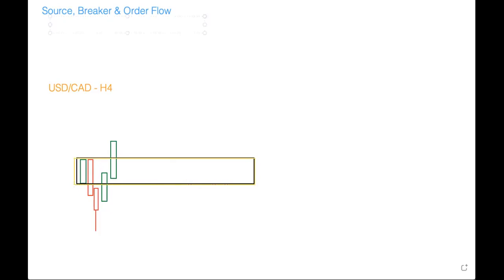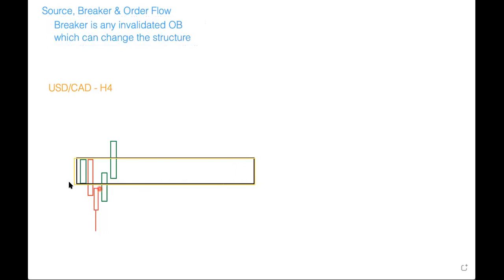So basically, by definition, we can say breaker is any invalidated order block which can change the structure. So this is about breaker.